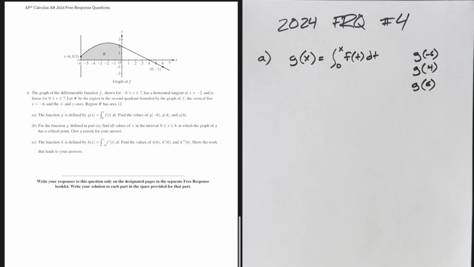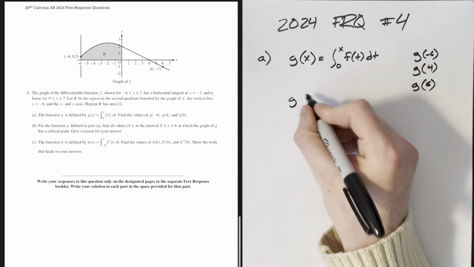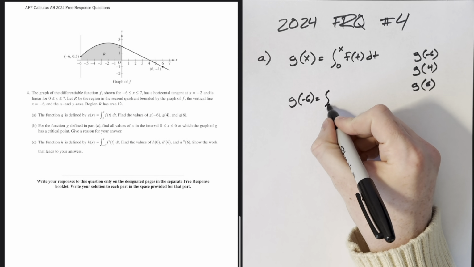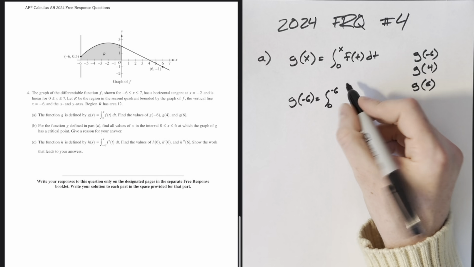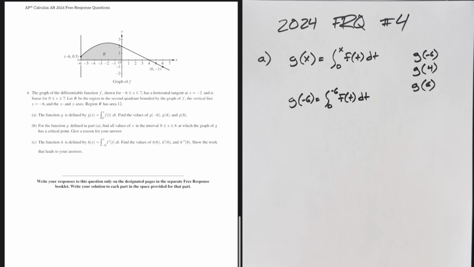So for instance, our integral from -6 to 0 of f of x would give us just the value of R, which is equal to 12. And that's actually going to help us for this first one. g of -6 is the integral from 0 to -6 of f of t dt.